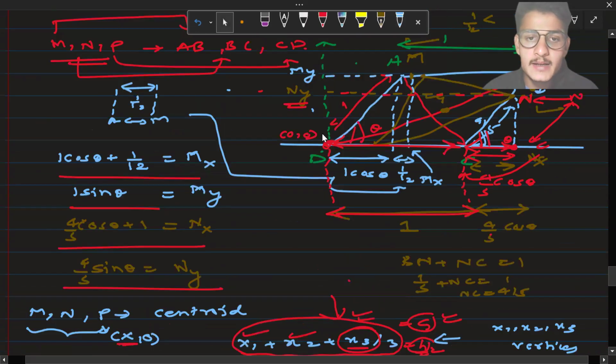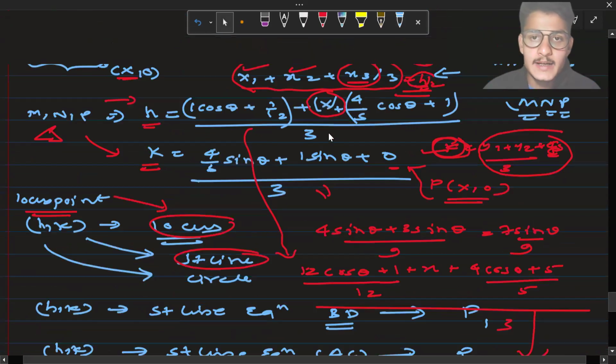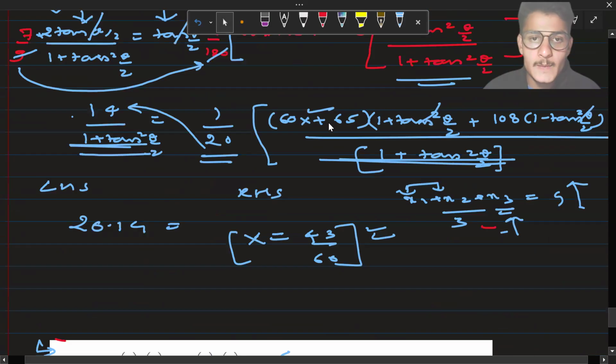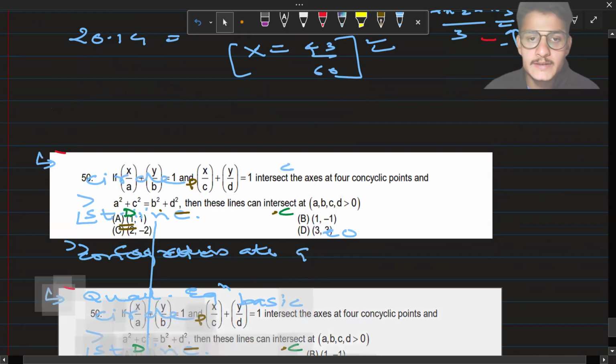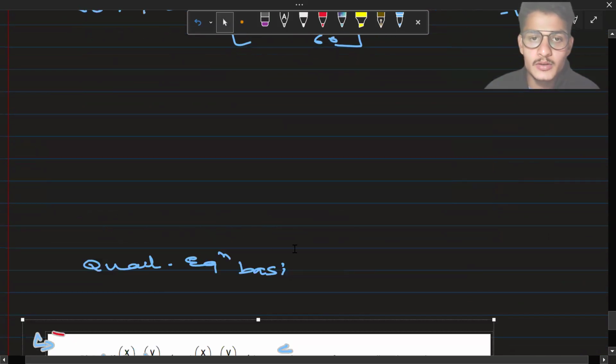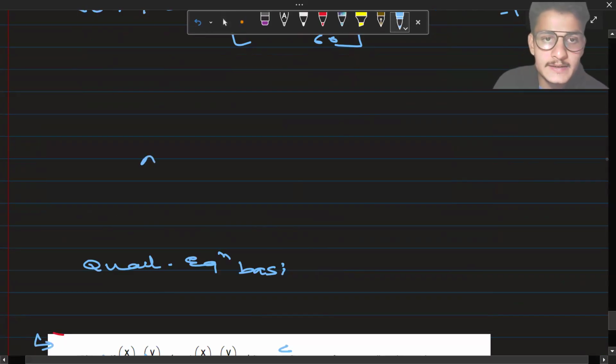And in a similar manner, what you will do is apply this locus, apply these both points on the second locus. Okay. What you need to do is find the equation of AC. How will you find the equation of AC? Because it's passing through the point 60, 0.